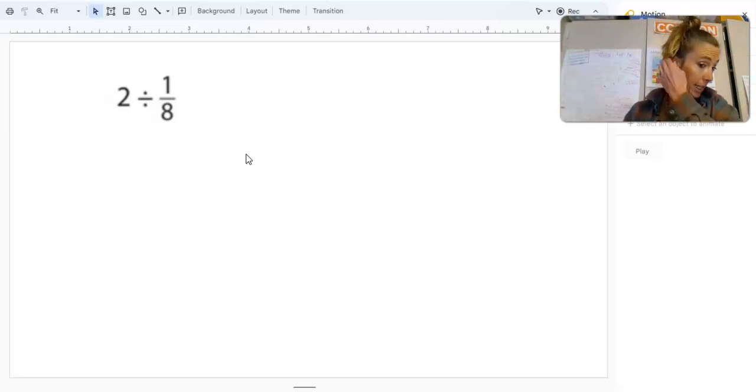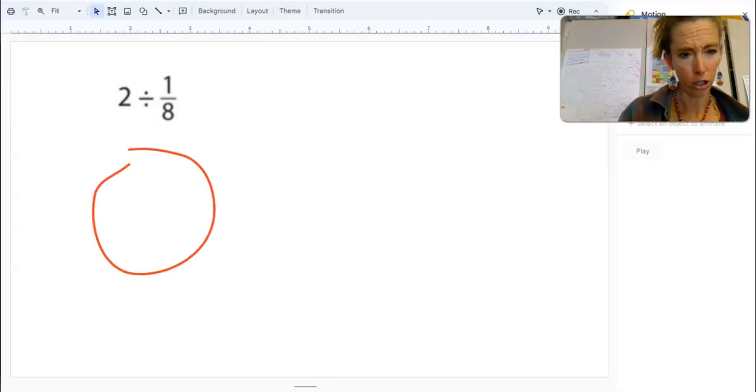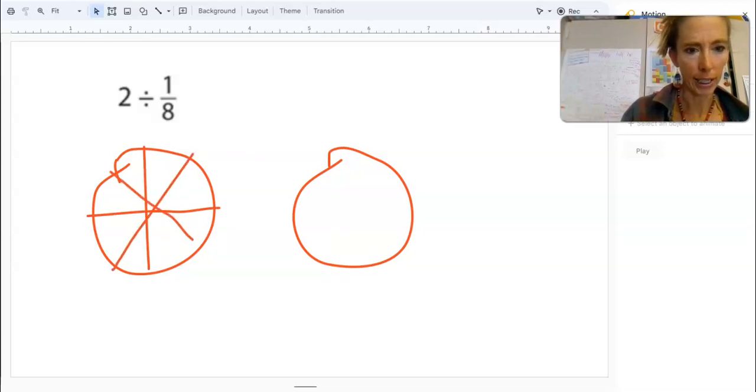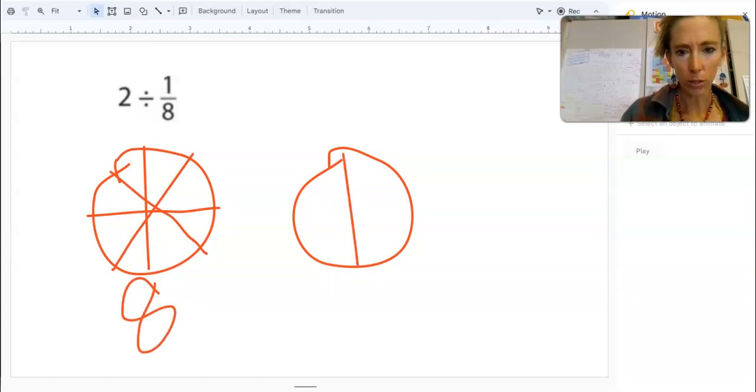Boom. Got it. Okay, but then I might say prove it with a drawing. All right. 2 circles. Or maybe it's 2 rectangles for you. Cut them up into eighths. So I go 4, and then I do an X the other way diagonally, and I got 8. 8 eighths there. And then I cut this one into eighths, and I got another 8 eighths.